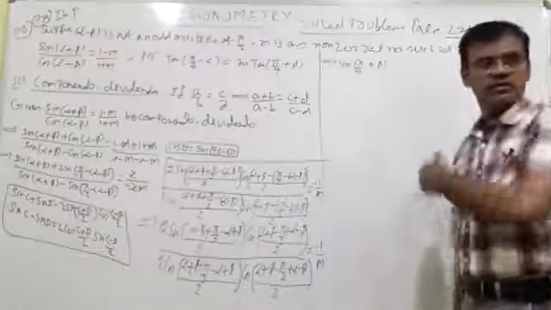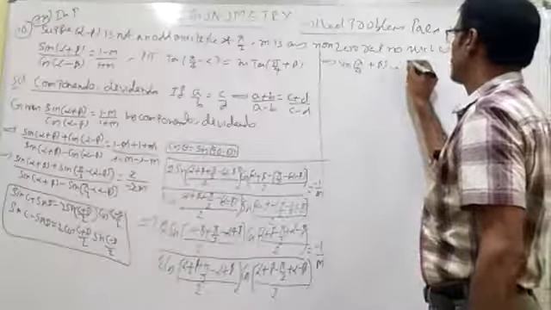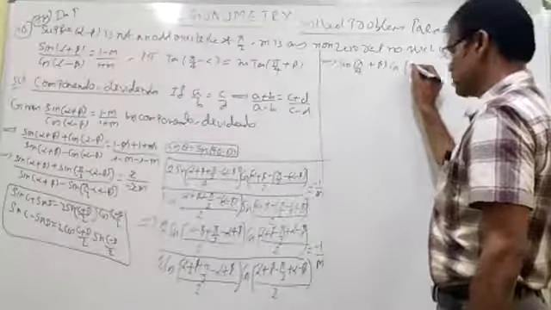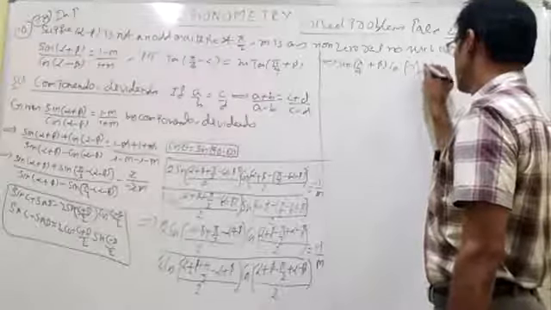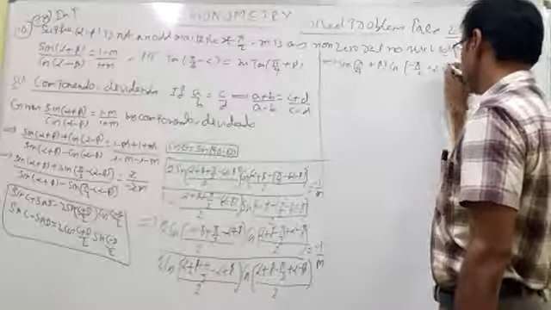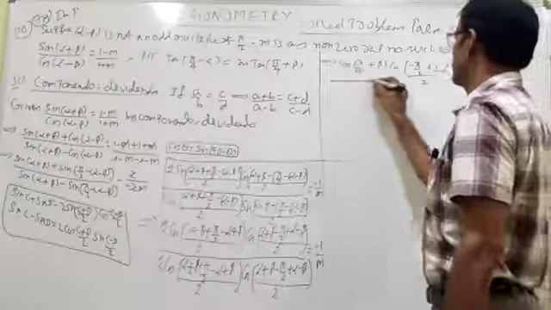Pi by 2 into, in the similar way, cos of. Now I am taking common minus. Okay, next step I write: cos of minus pi by 2 plus 2 alpha, whole by 2, like this. This one only I had written directly here.